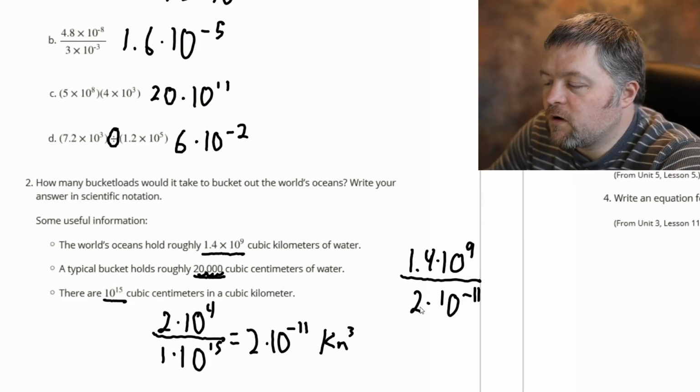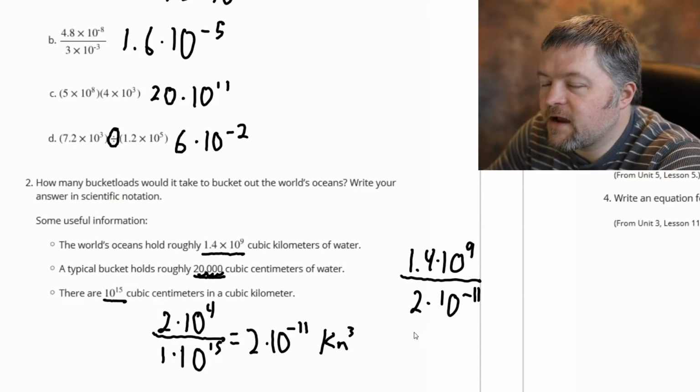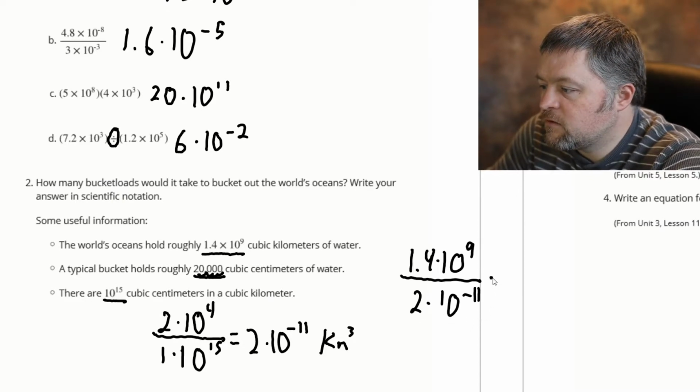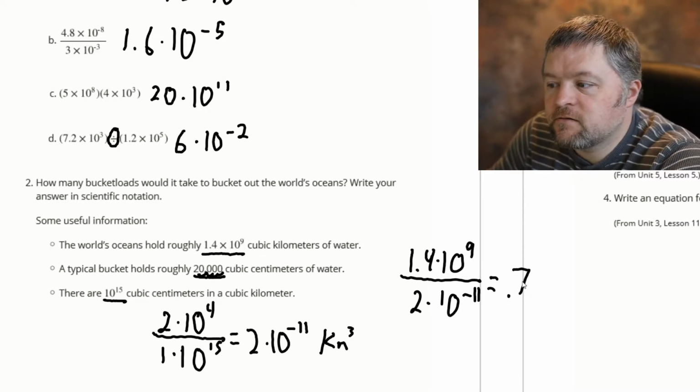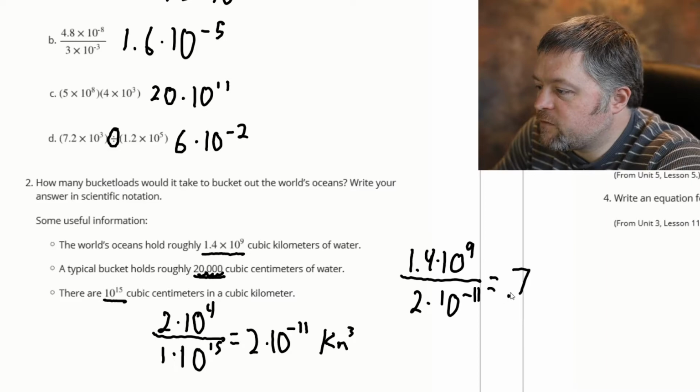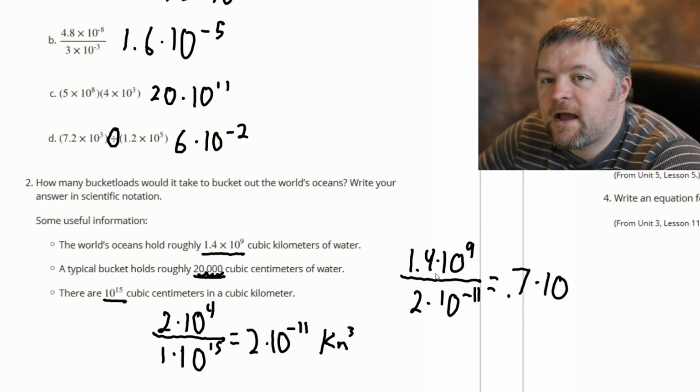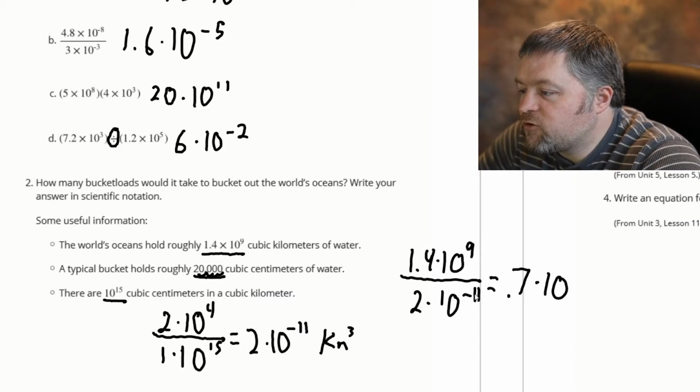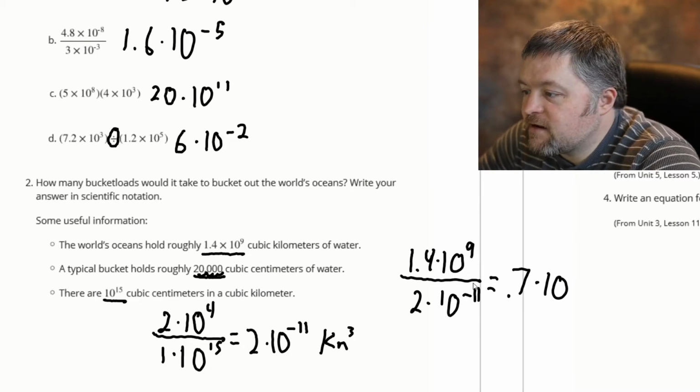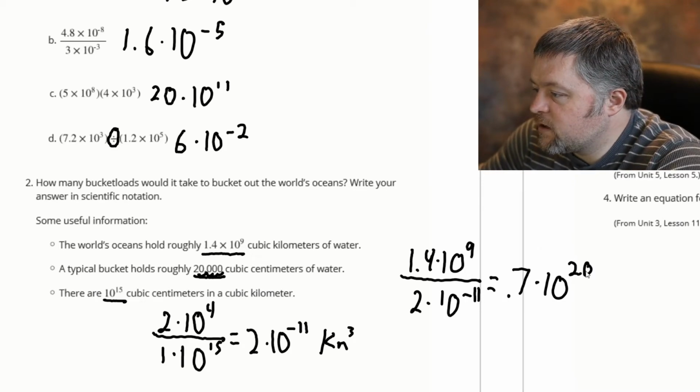Okay, 1.4 divided by 2 is 0.7. Half of 1.4 is 0.7, times 10 to the power of 9 subtract negative 11. Subtracting a negative is adding. 9 plus 11 is 20.